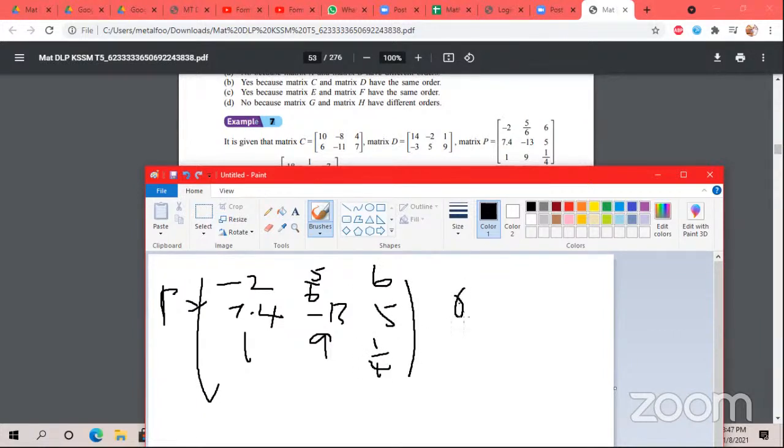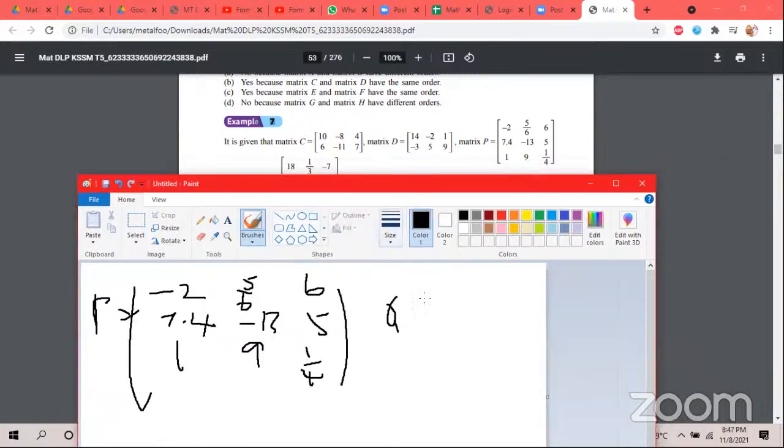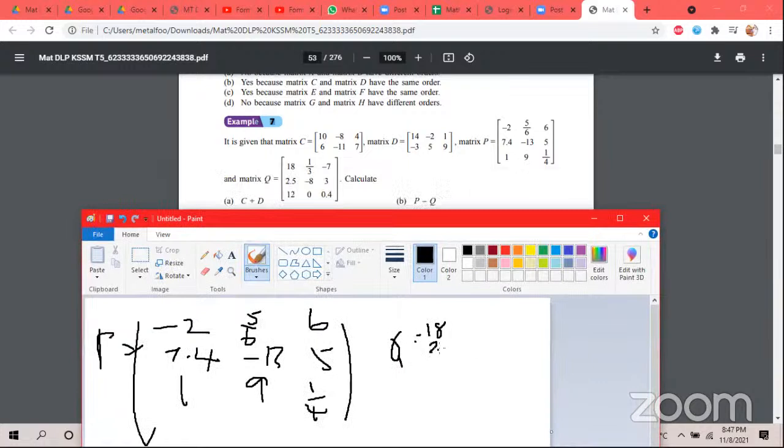Q is 18, 18, 2.5, 12, 1 over 3, -8, 0, -7, 3, 0.4.